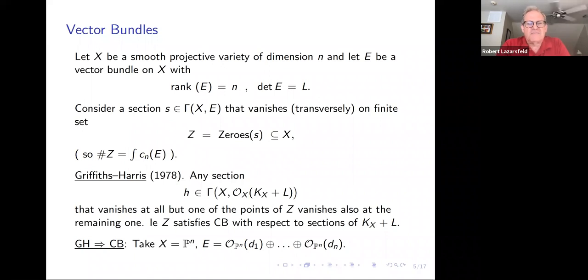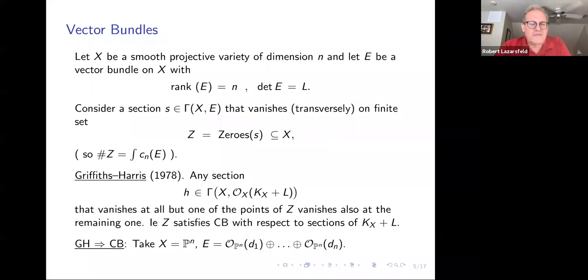Their nice statement is that this Z, the zeros of a section of a vector bundle, satisfies Cayley-Bacharach with respect to sections of the line bundle K_X plus the determinant of E. So in other words, we take a section of the line bundle K_X plus the determinant of E, and we assume that it vanishes at all but one of the points of Z, all but one of the points of this zero locus of the section, and then the assertion is that it vanishes also at the remaining one.